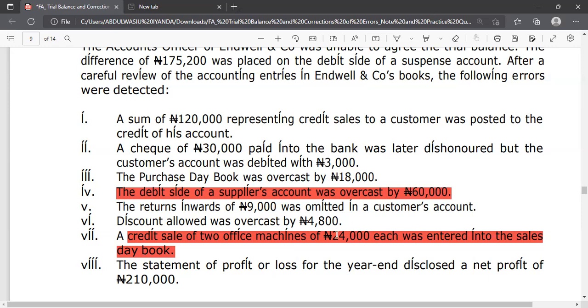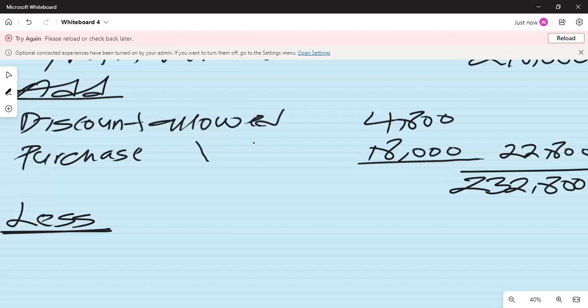Sorry, 48,000 naira, because this 24,000 naira is not supposed to be there. That 48,000 naira is not supposed to be in sales. So sales is overcast, and if sales is overcast, you less.